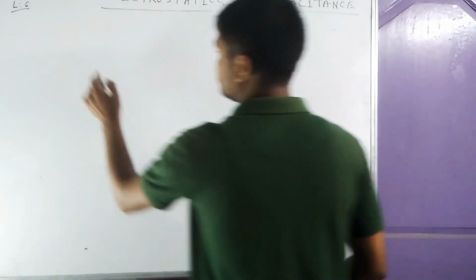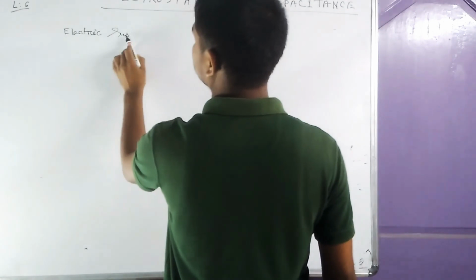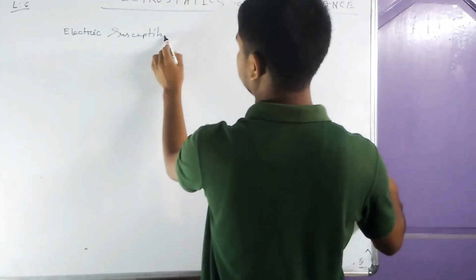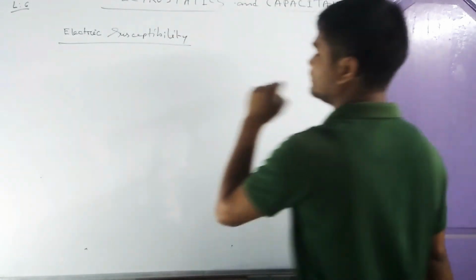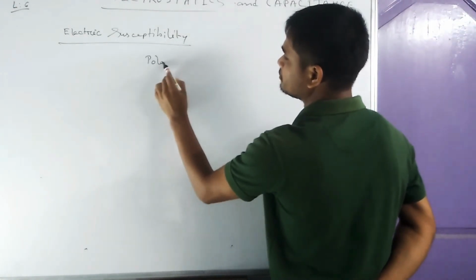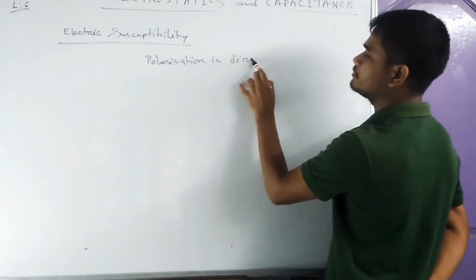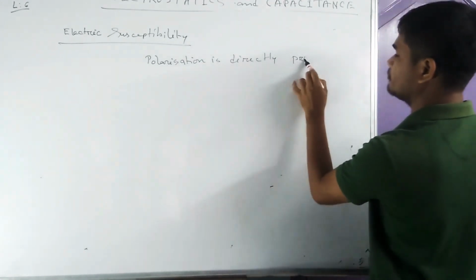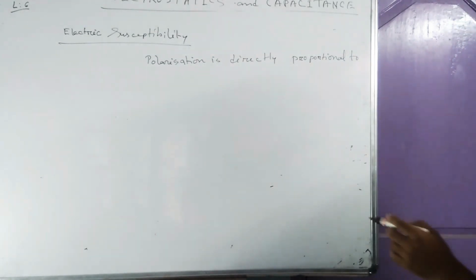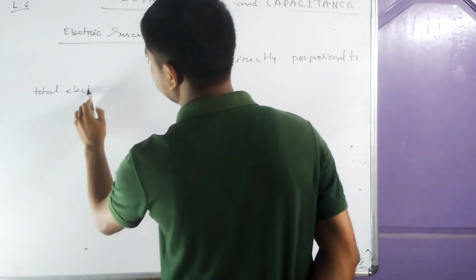Next point is electric susceptibility. What is electric susceptibility? We know that polarization is directly proportional to the total electric field.